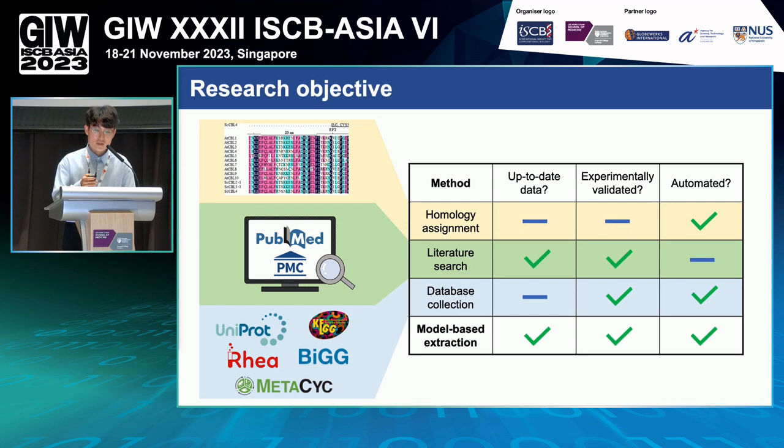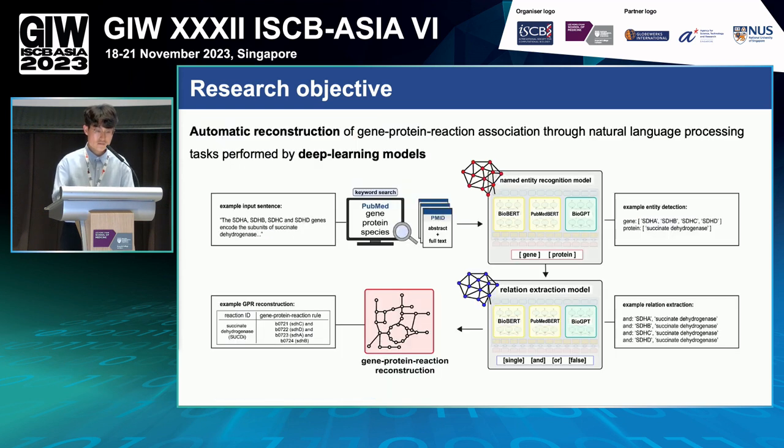And we can operate this system automatically once we train and optimize the model for our objective. In other words, the goal of this study is to reconstruct the gene-protein reaction association automatically through natural language processing tasks performed by deep learning-based natural language models.